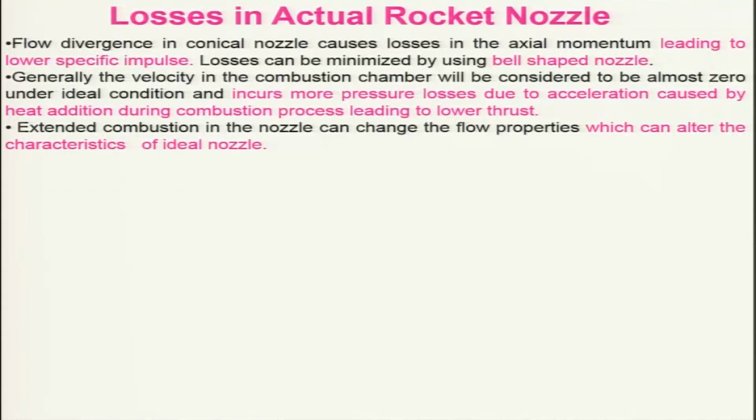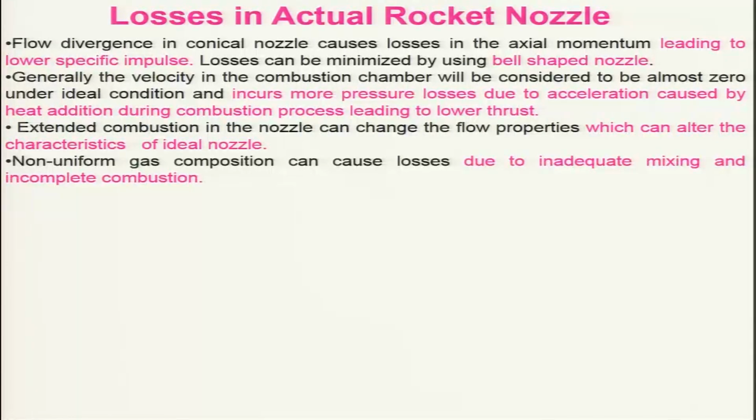As a result, the characteristics of the ideal nozzle will be altered, and that also affects the performance. In other words, the performance of the actual nozzle will be different from the ideal nozzle.